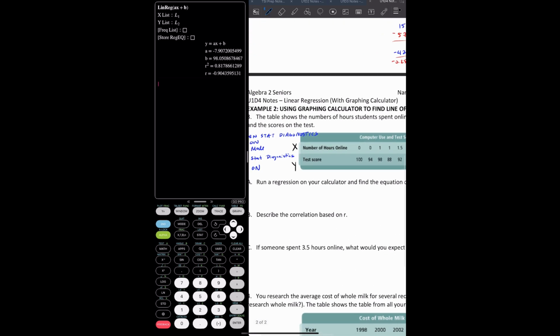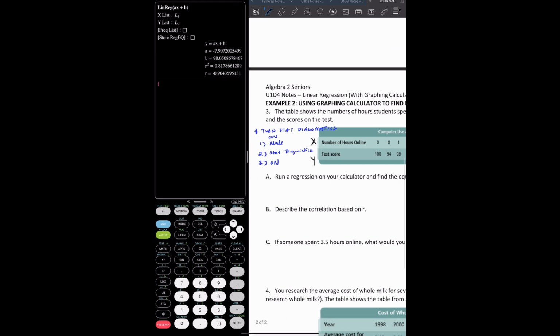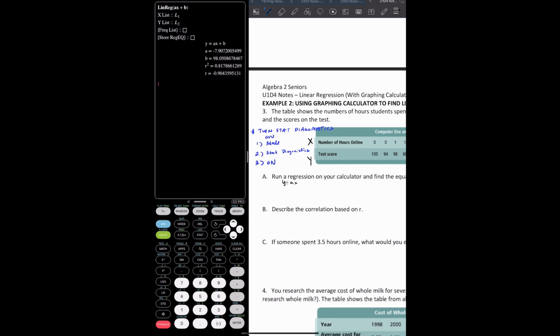So notice that this is in the form y equals ax plus b. What we need to do here is replace the a value and our b value. So the a is given and the b is also given. So A is negative 7.907 and so on, and B is 98.05 and so on.